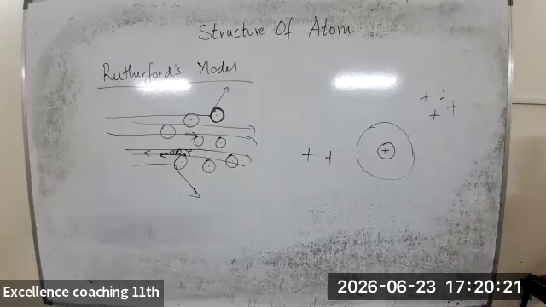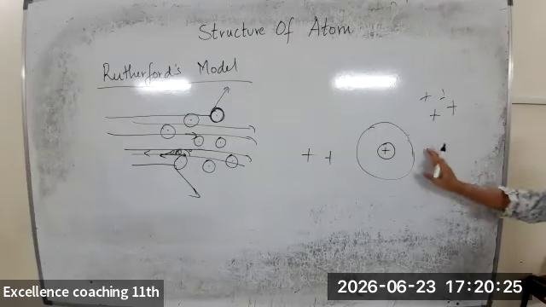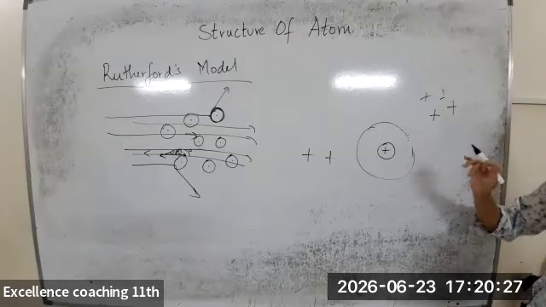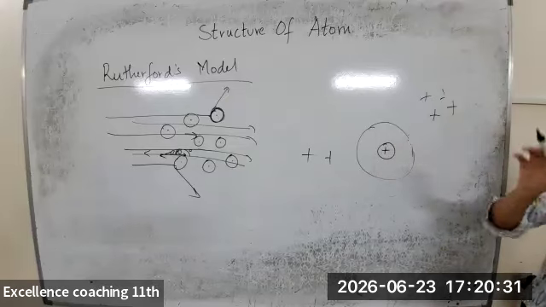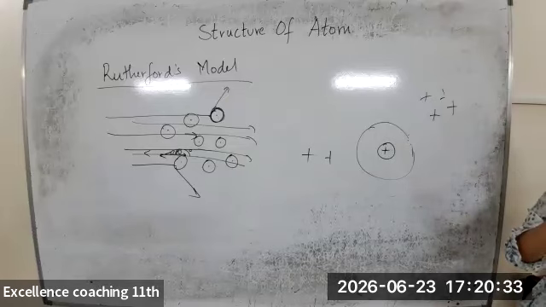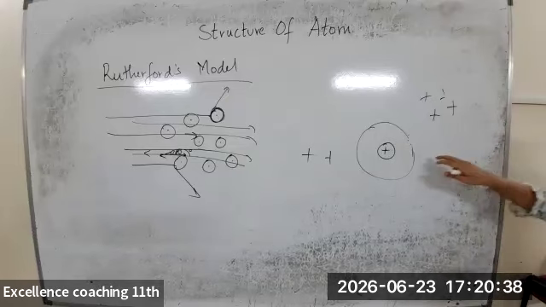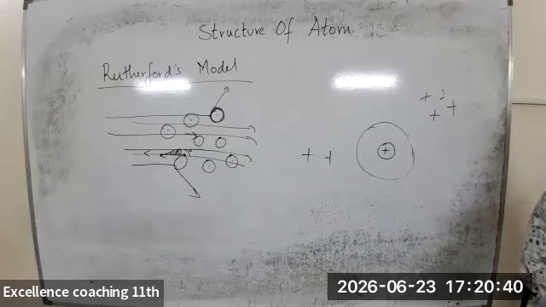If it is not balanced or stable, it will just collapse and fall, right? So there must be some force. He spoke about the force of attraction between the positive and the negative charge, the electrostatic force to be more specific, which keeps the atom intact.